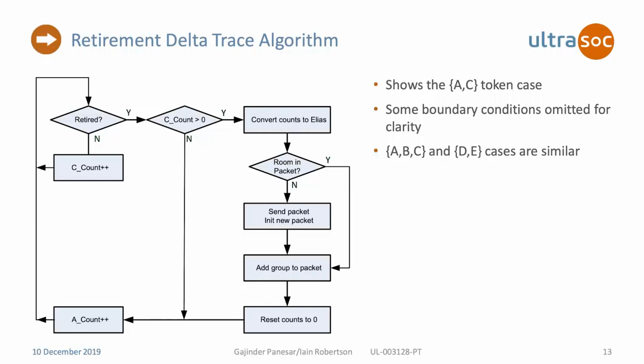If it won't fit, we'll send out the existing packet, use this group as the basis of the next packet, and then go around and start iterating again. Hopefully it's fairly clear. It's a fairly simple algorithm. I'm now going to pass back over to Gaj, who's going to talk about a more holistic system.